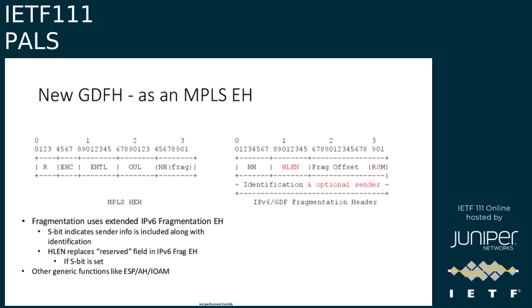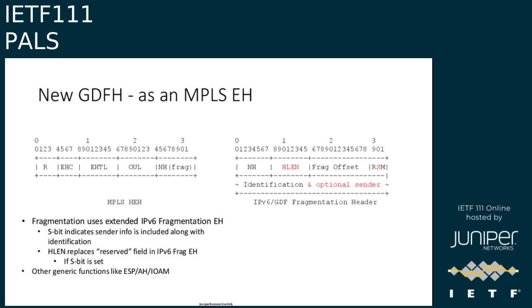So if I use the MPLS extension header to do fragmentation and reassembly, you can see that we would use the MPLS HEH. In that HEH, the next header value will be, I believe, 44, to say that a fragmentation header follows. On the right side of the slide is basically the existing IPv6 fragmentation header with some enhancements indicated in red.